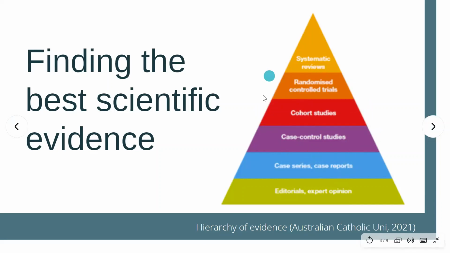Things like randomized controlled trials are still peer reviewed and have methodology that can be replicated, but it is one trial with one result. A systematic review is considered a filtered source. It considers all of this data and comes up with a result and a conclusion as to whether, say, a treatment is effective or isn't effective.